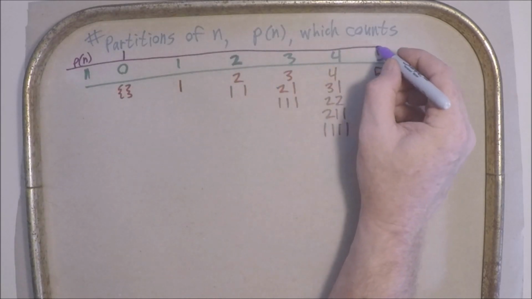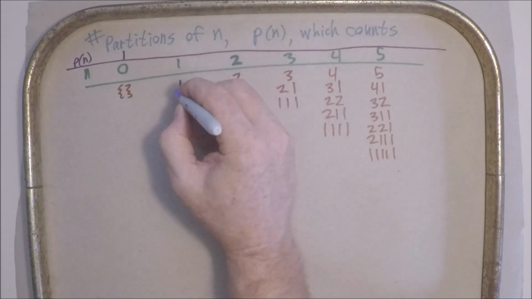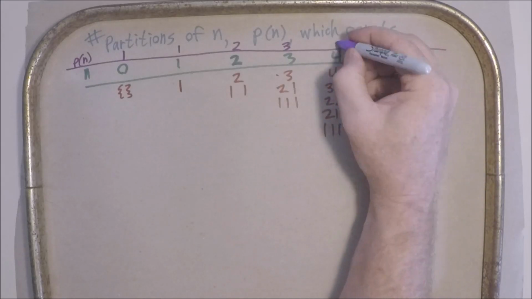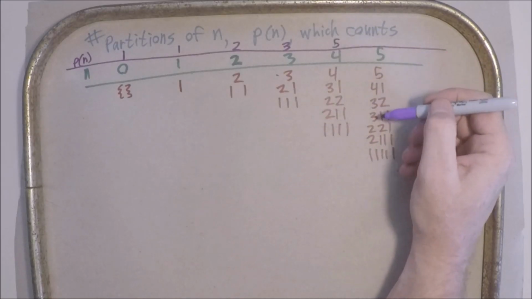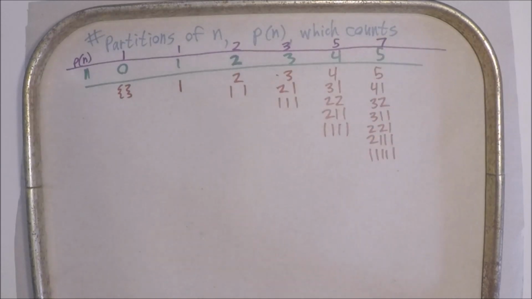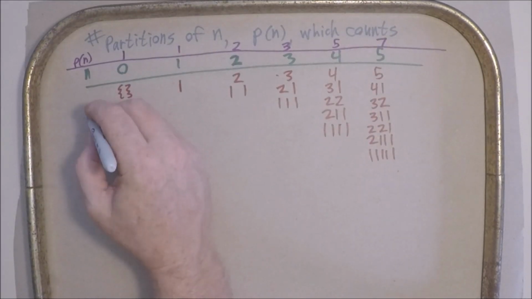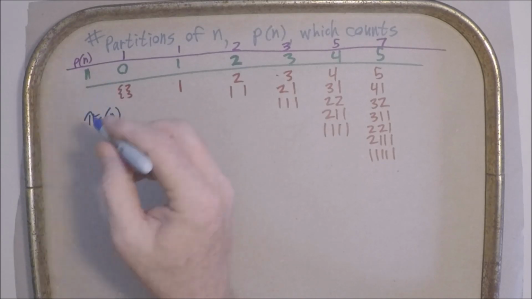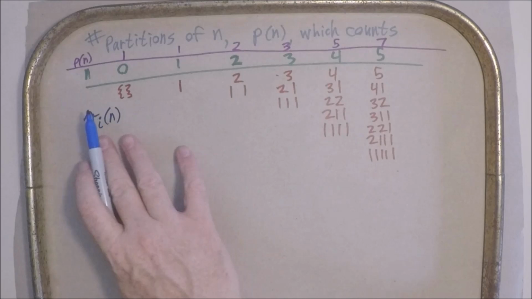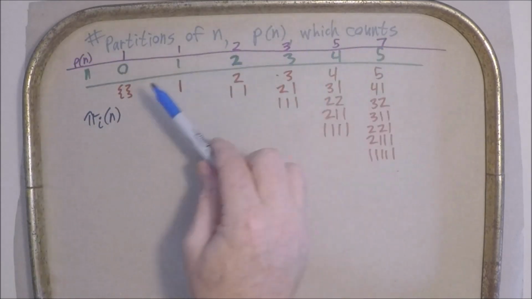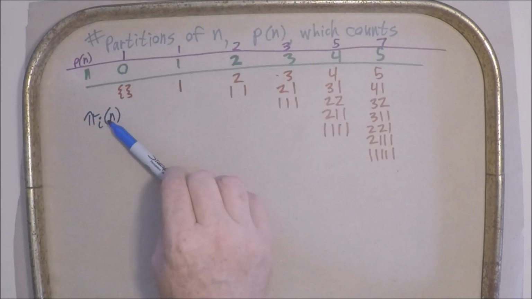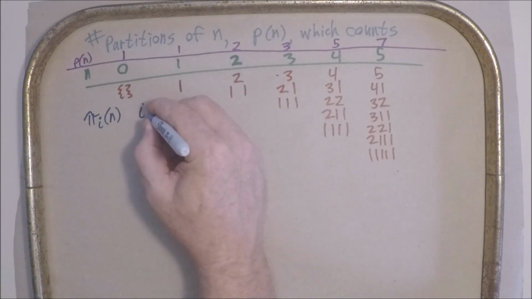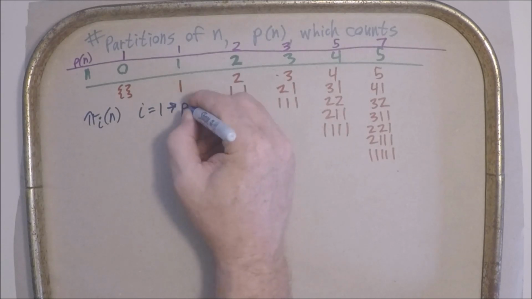The values of P of n as n increases are given by 1, 1, 2, 3, 5, 7. Some conventions that are used are to say pi sub i of n designates the actual partition. So P of n counts them, pi sub i of n identifies them, where this i goes from 1 to P of n.